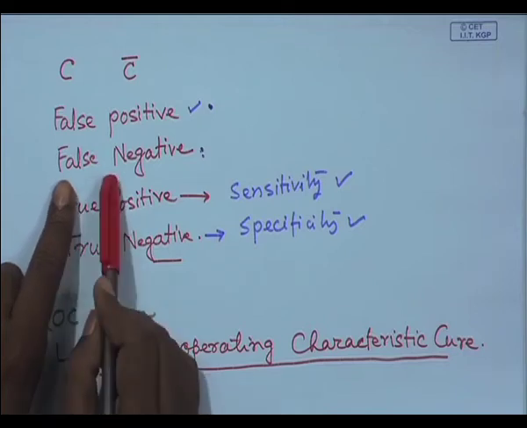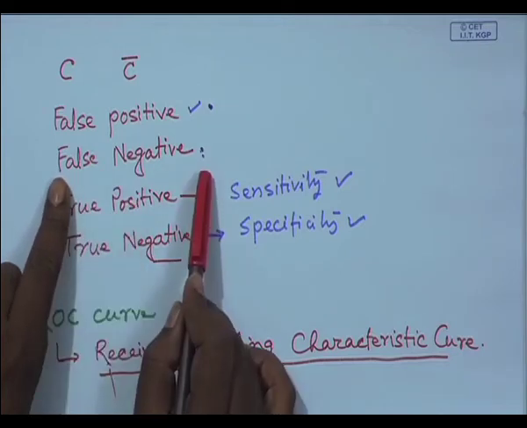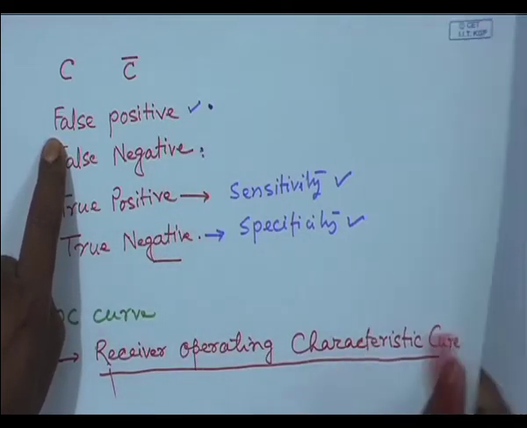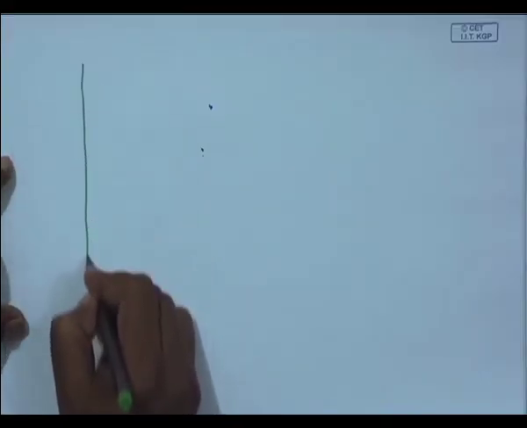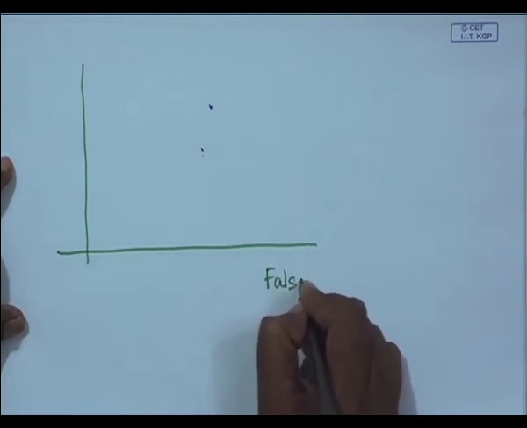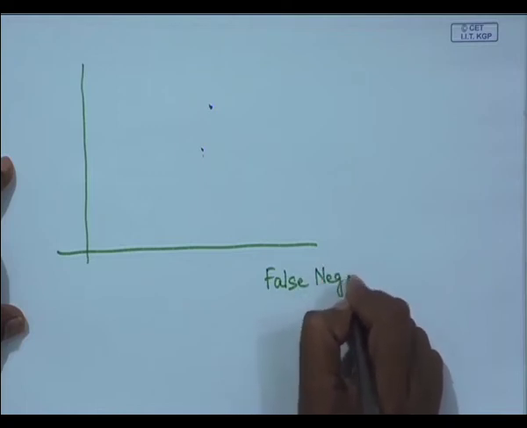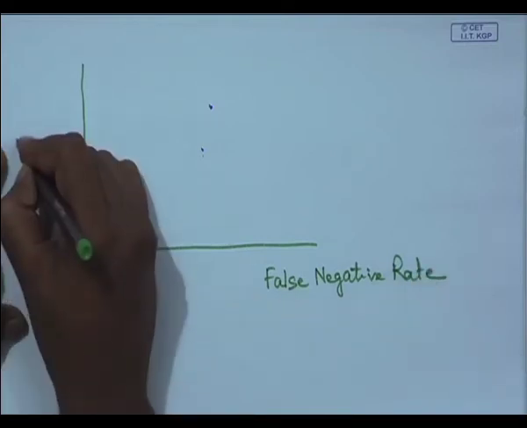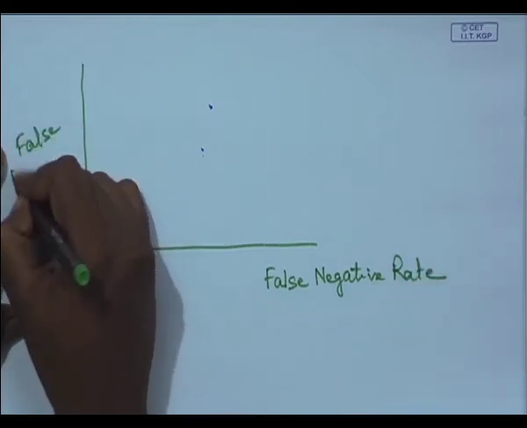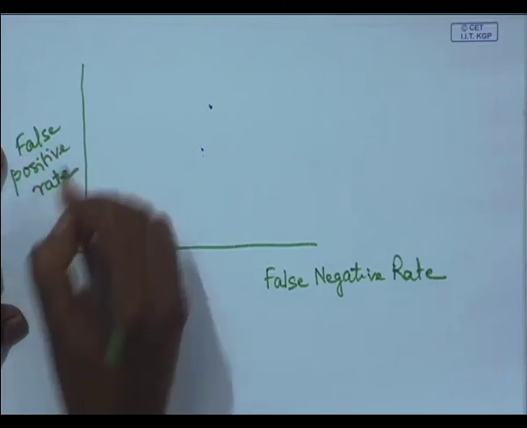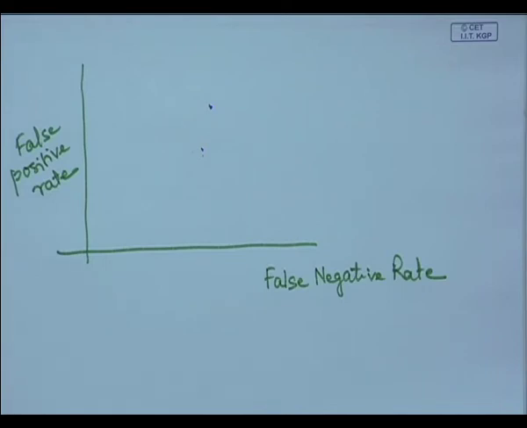That is, I can plot false negative rate versus false positive rate, for different positions of my decision boundary.